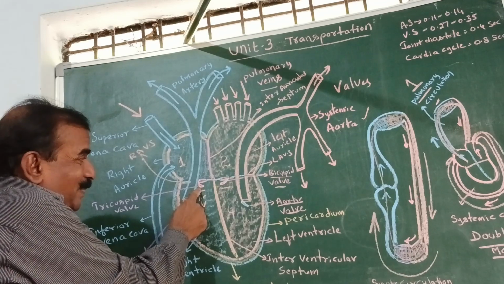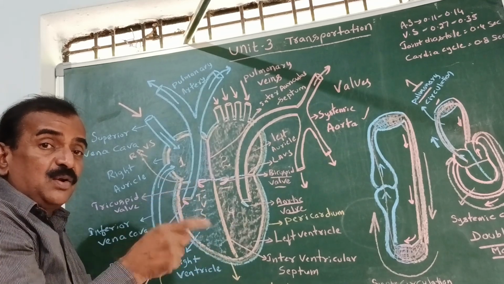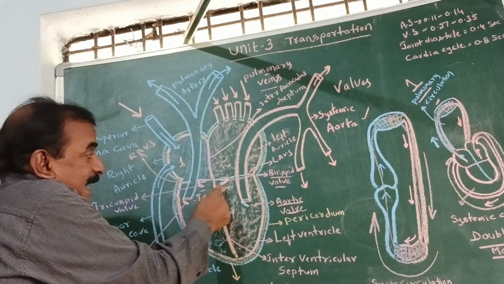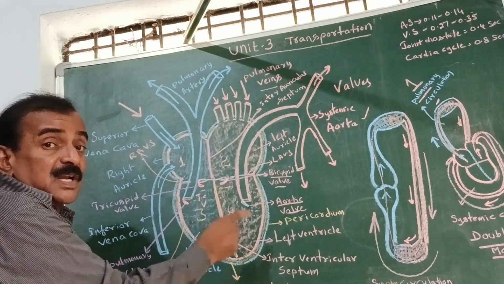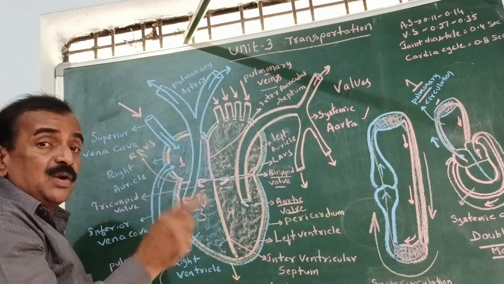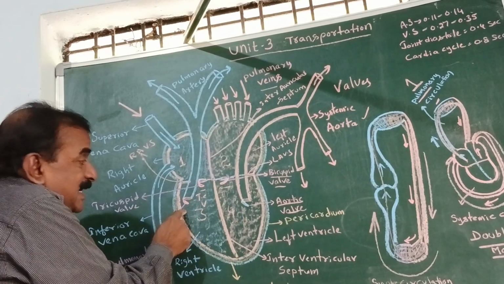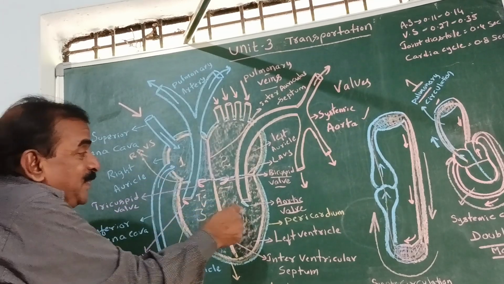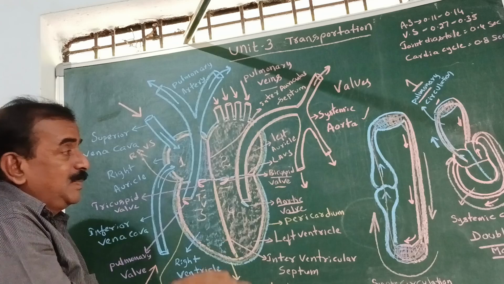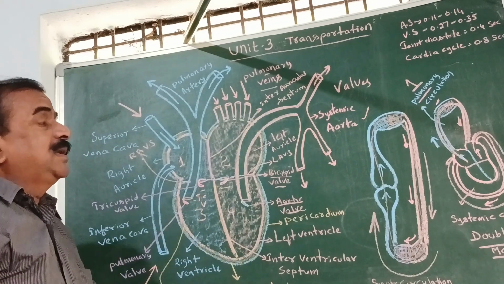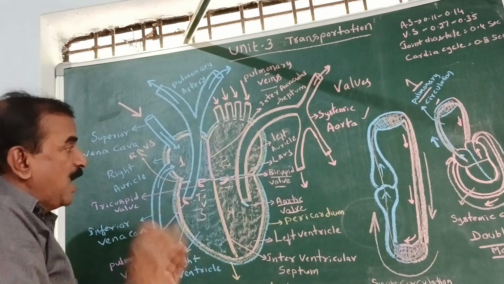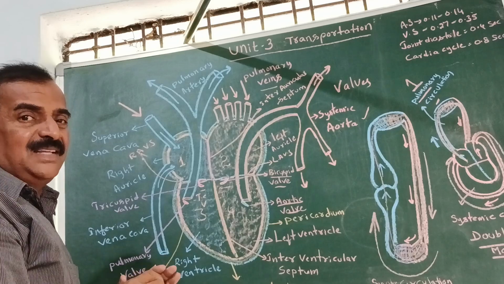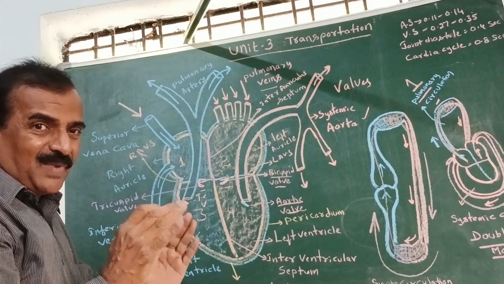The tricuspid valve, present on the right auriculoventricular septum, and the bicuspid valve or mitral valve, present on the left auriculoventricular septum, the pulmonary valve, present at the region of the pulmonary artery, and the aortic valve, present at the region of the systemic aorta. These valves allow the flow of blood in only one direction, but not in the backward direction.